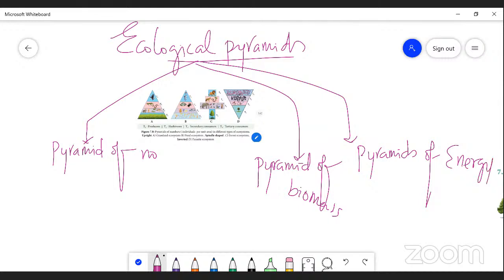So an ecological pyramid can be classified into three types: pyramid of number, pyramid of biomass, and pyramid of energy.